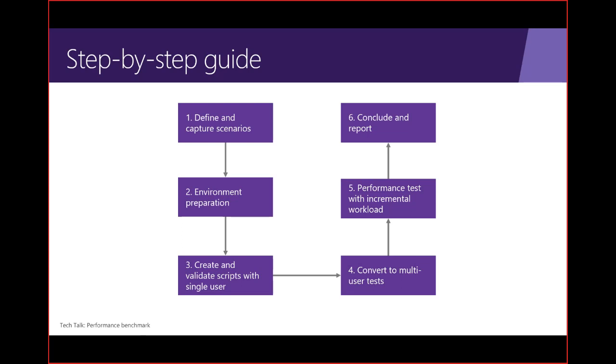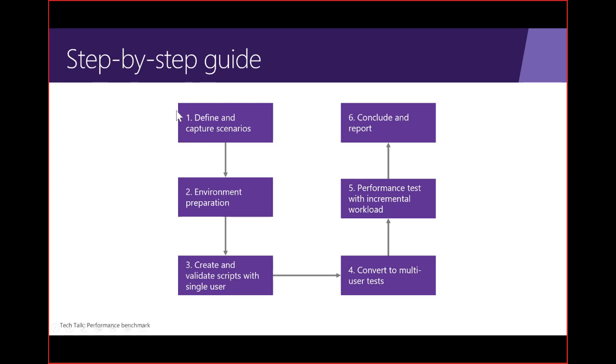This step by step mainly assumes you already have the scenario, goal, transaction, configuration, and history data activities done, and then you are ready to capture the scenario and convert it to a test script, and eventually convert the test script to a multiple user test, run the testing, tune it, add more, tune it, and then eventually reach your acceptable performance goal and conclude and report it.